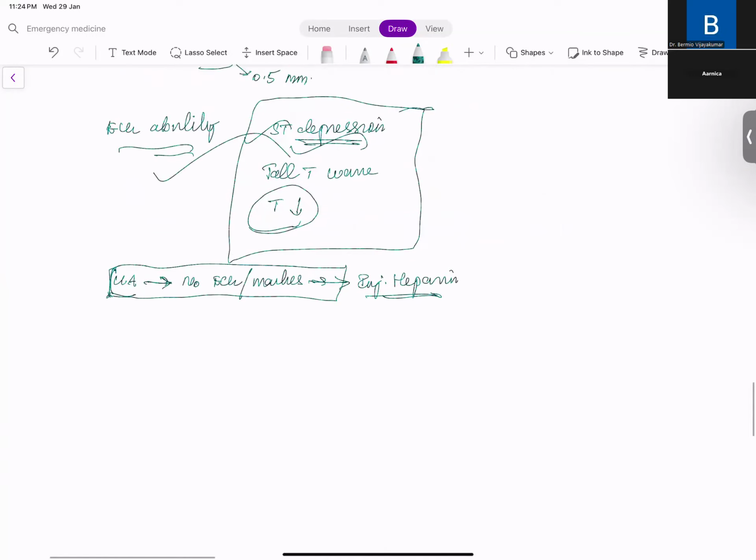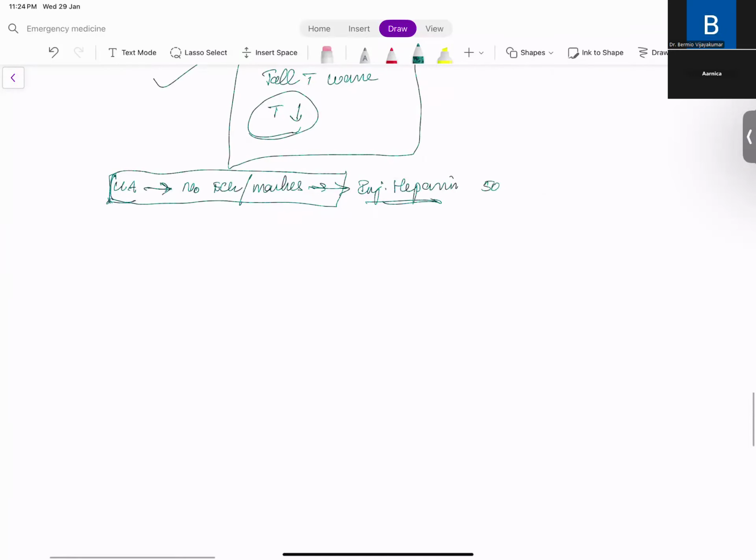So what dose of heparin is usually given? Different books say different things. Injection heparin 5,000 units IV every six hours. If you are giving it subcutaneously, there will be a slow release, so subcutaneously we can give it every eight hours. This will be the dose of injection heparin.